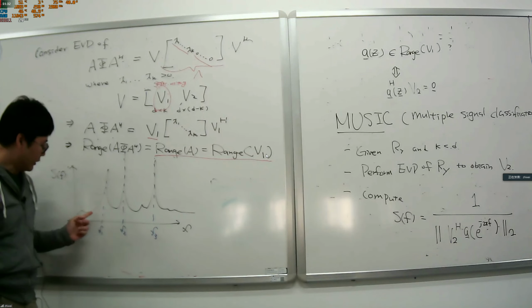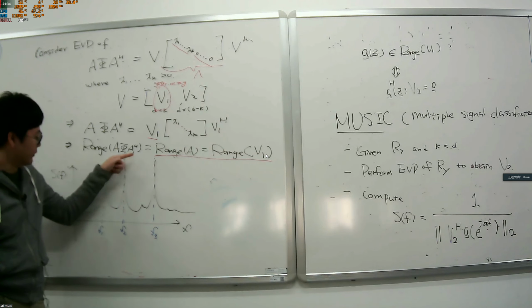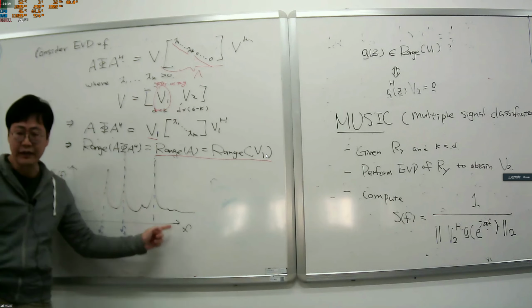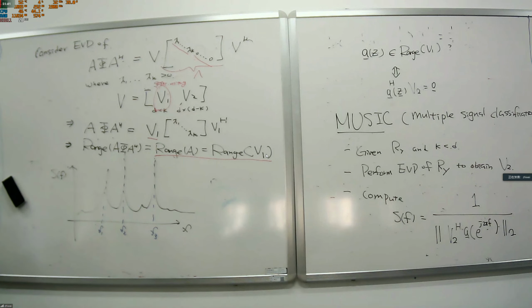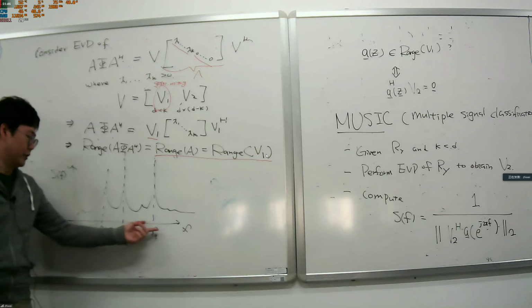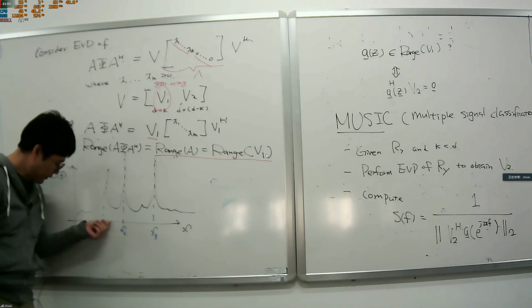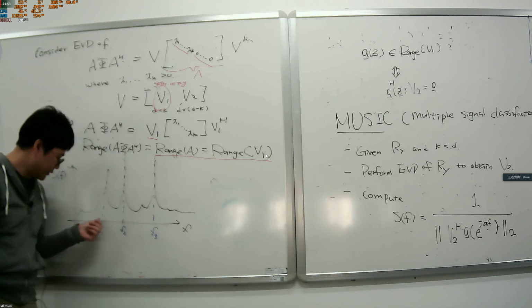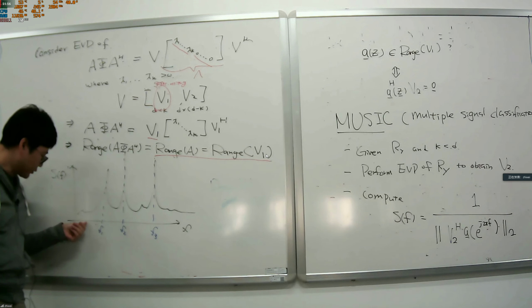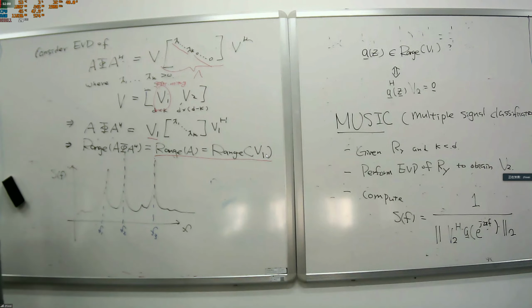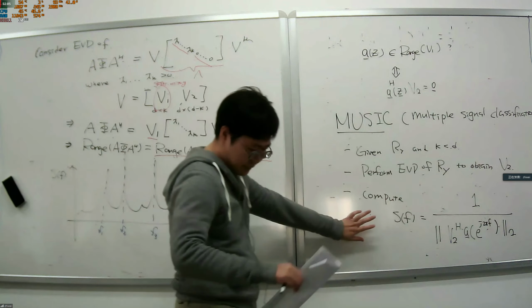So you check this figure, find the peak values, and the corresponding f for these peak values is the frequency estimate. Then you can increase your resolution by improving the search grid. You can make a smaller grid if you want. So that's this algorithm.